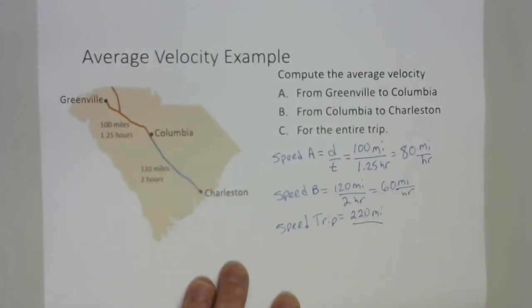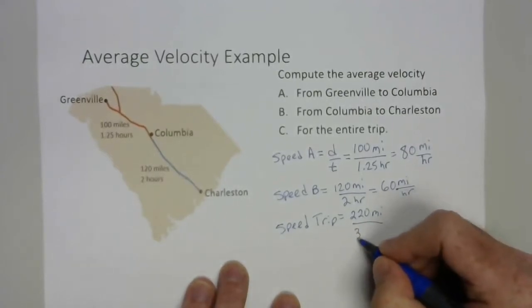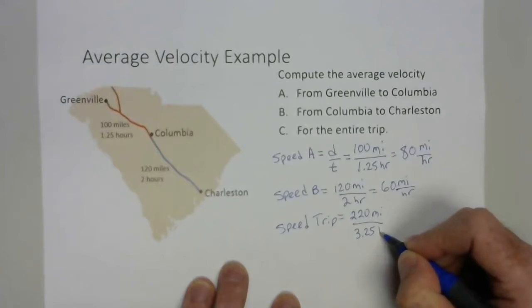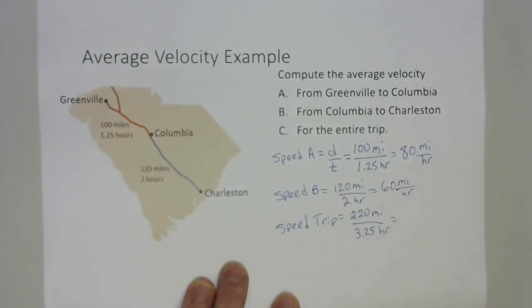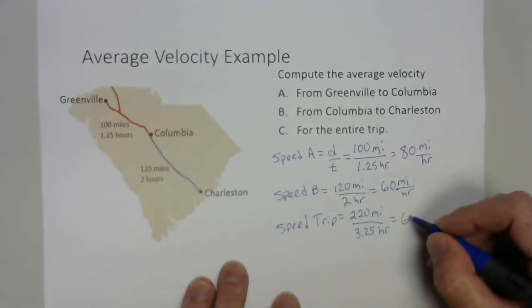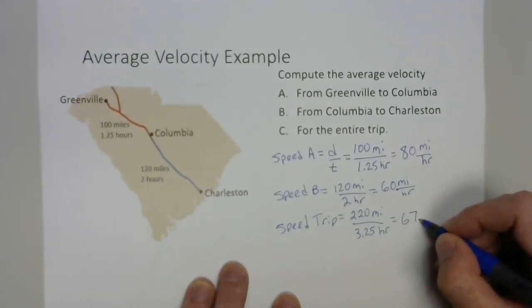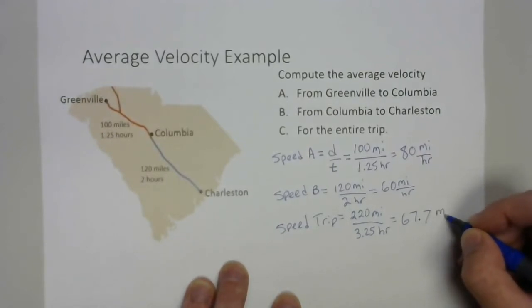And then we've got 2 hours plus the 1.25 hours, so you spent 3.25 hours on the trip. So overall, you're going to say 220 divided by 3.25 hours, or you're traveling 67.7 miles per hour average.